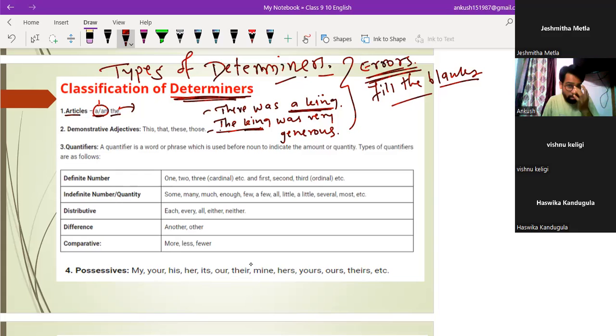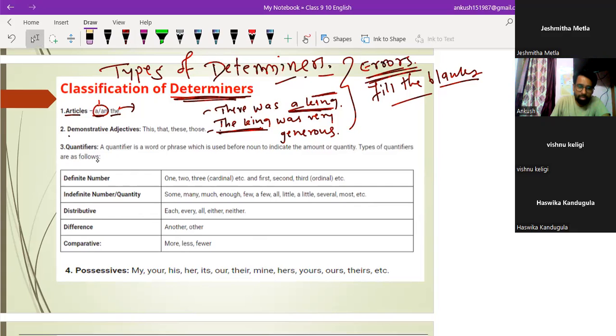Are you getting my point? In the first sentence we did not know the king, but the second sentence tells us about the same king we are talking about. Did you get it?